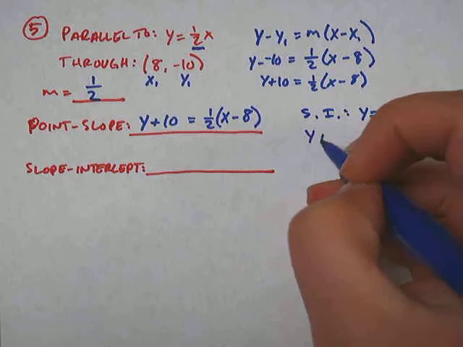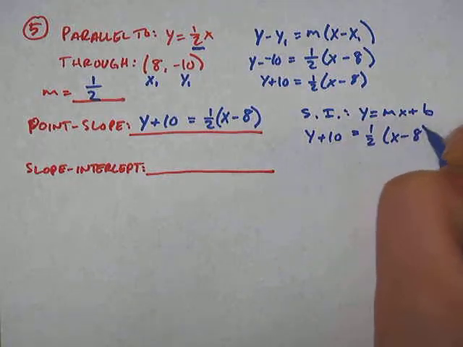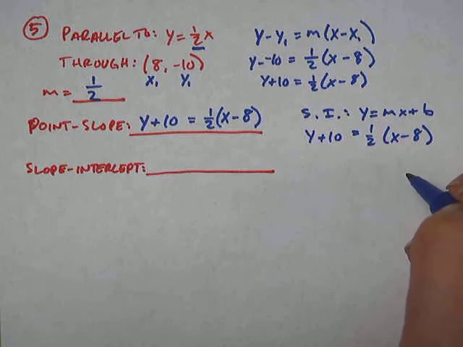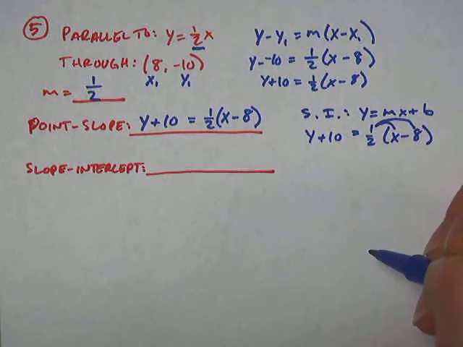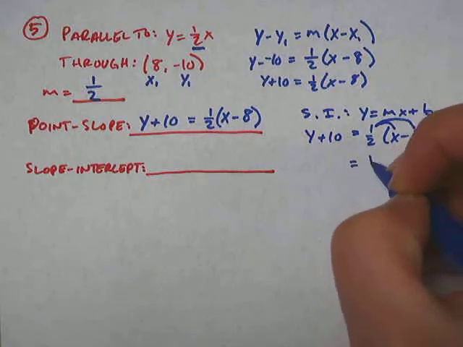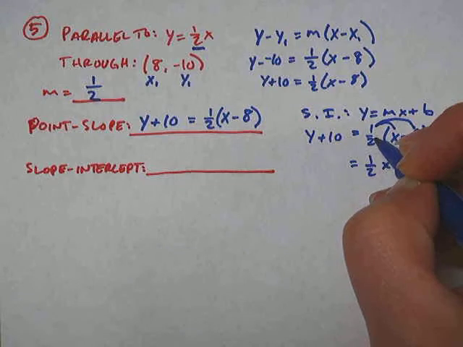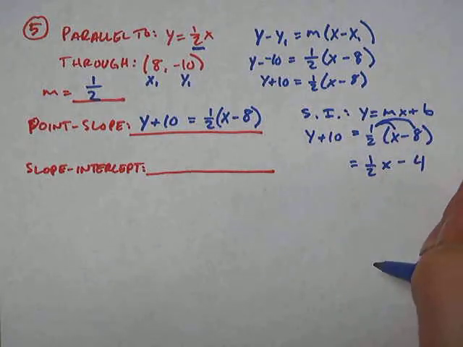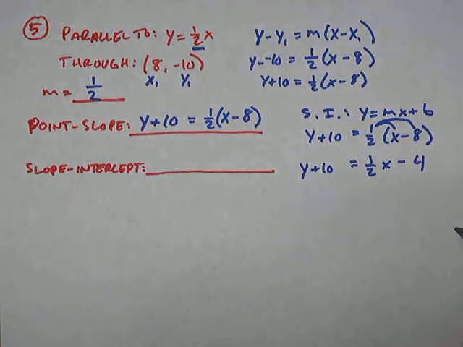So we have y plus 10 equals 1/2 times x minus 8. And our first step in solving for y is just going to be to distribute the 1/2 here. So we're going to have 1/2 x minus 4 because 1/2 of 8 is 4. And we still have y plus 10 over here.